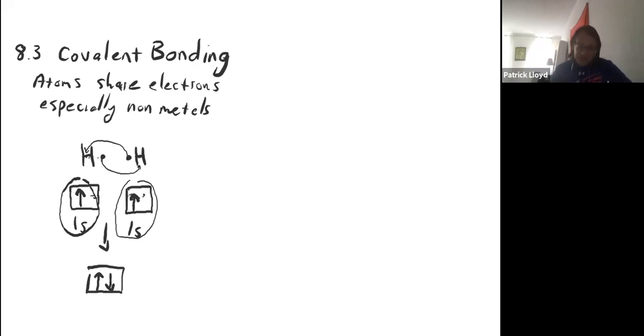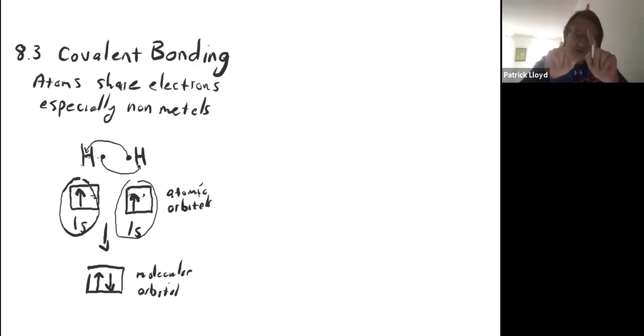Now, that particular orbital is called a molecular orbital. Remember, these are called atomic orbitals. So each atom has its own atomic orbital. This is called a molecular orbital. Those two orbitals overlap with each other and form a new orbital called a molecular orbital. And remember, an orbital can have up to 2 electrons.